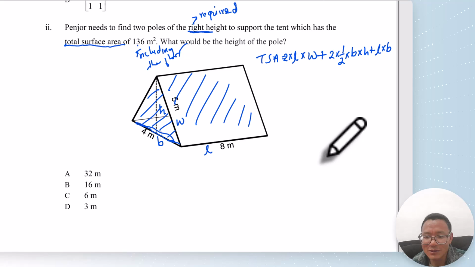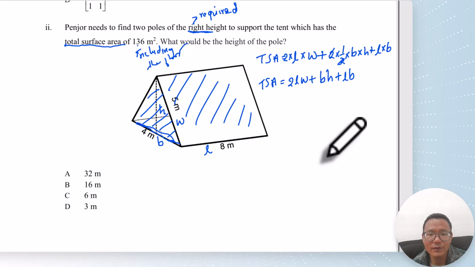So what's the total surface area? Let's simplify this, instead of directly substituting the length. If we simplify, I think it will be easier: 2lw plus, I need 2, we can cancel out, and what's left is bh plus lb.